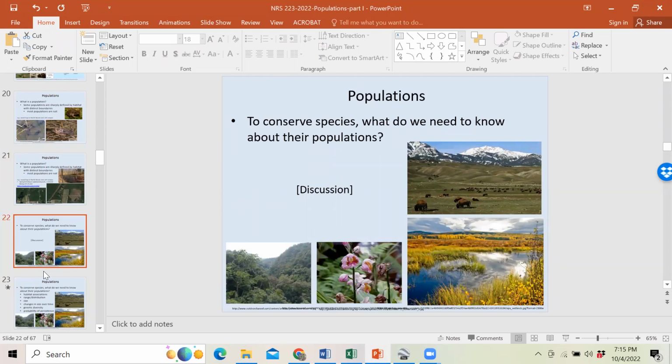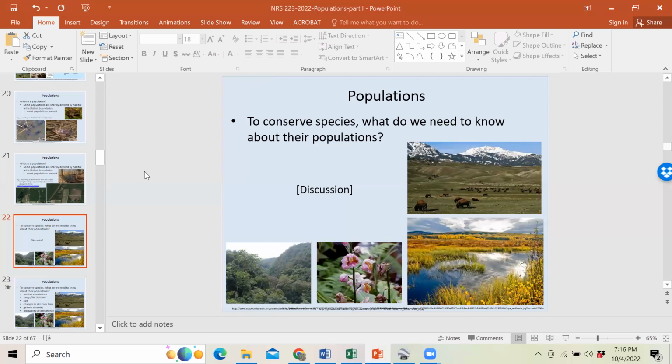So really, what I'm getting at is that conservation biology, when it comes down to actually doing things, very often comes down to populations. And so a lot of conservation biology is ecology and population biology, population genetics. A lot of the science, a lot of the data, a lot of the learning you'll do comes at the level of populations.